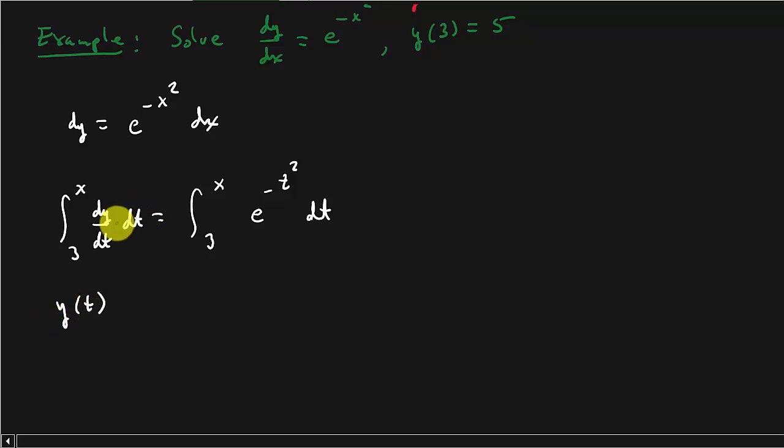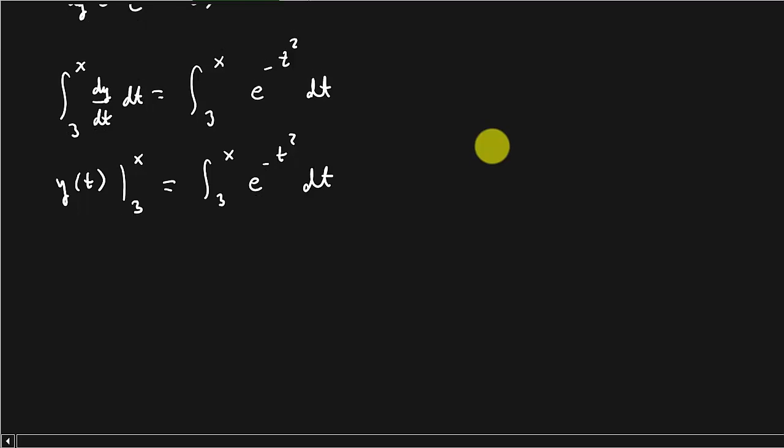Integrating with respect to t, integrate dy/dt, that's going to give me y of t, and that's going to go from 3 to x, is equal to the integral from 3 to x of e to the negative t squared dt. All right. And so now if we evaluate this side over here, that's going to be y of x minus y of 3 is equal to the integral from 3 to x of e to the negative t squared dt.